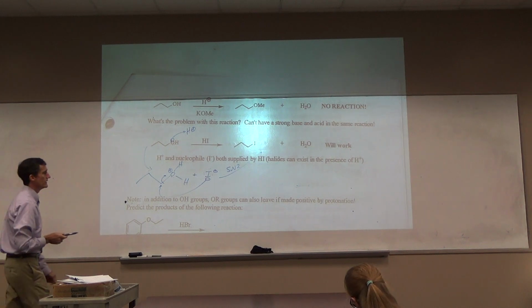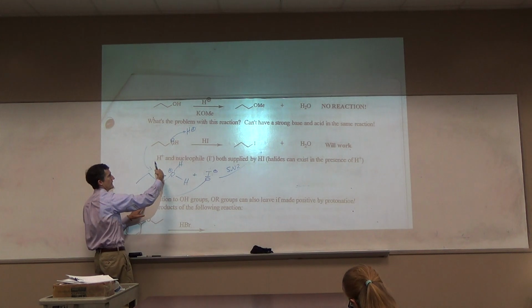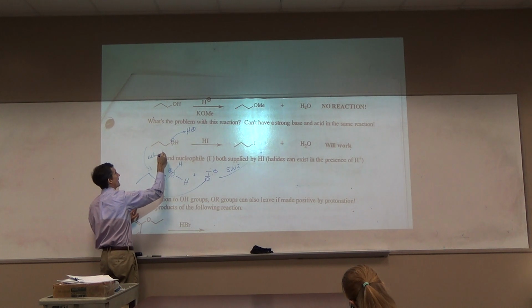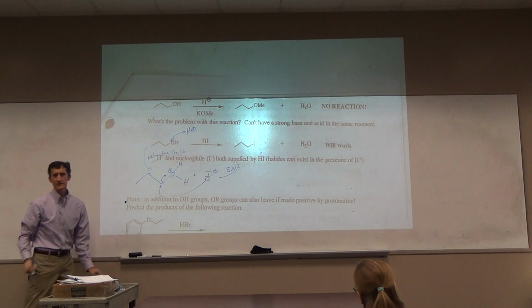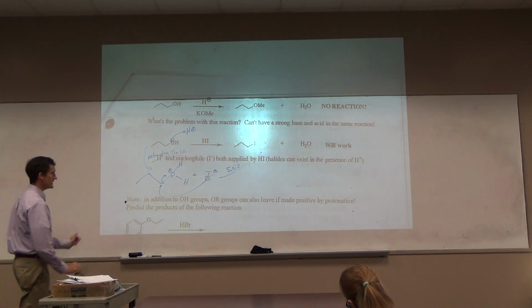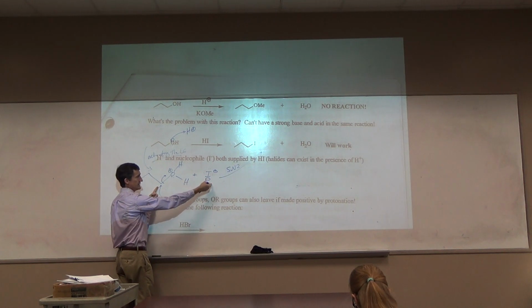That is, this is not part of the SN2. This is an activation step, or activating LG, okay? That has nothing to do with the substitution step. When we do the substitution, this is being substituted by the iodine.